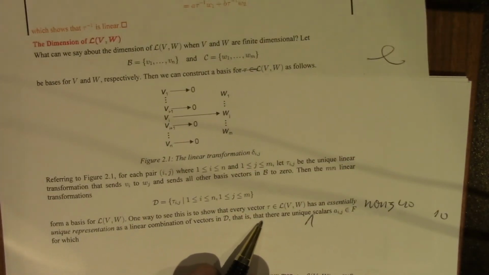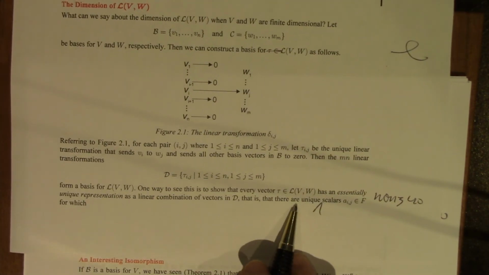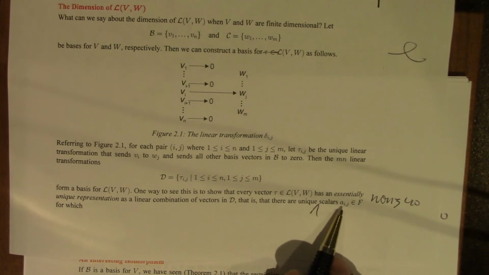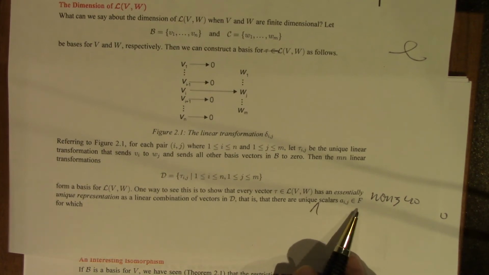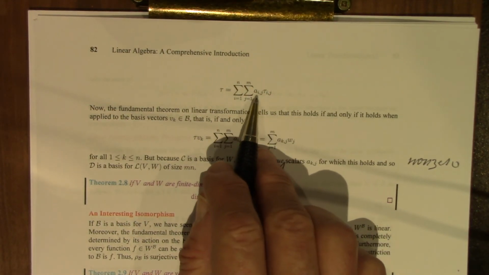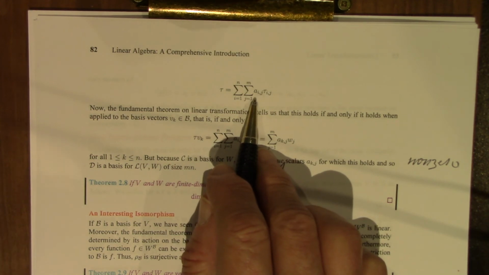Or put another way, we need to show that there are unique scalars Aij for which tau can be written as a linear combination of the tau ij's with coefficients Aij.